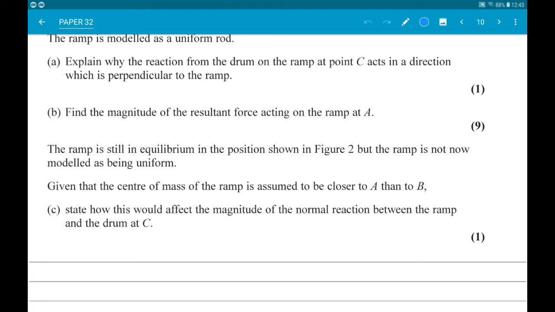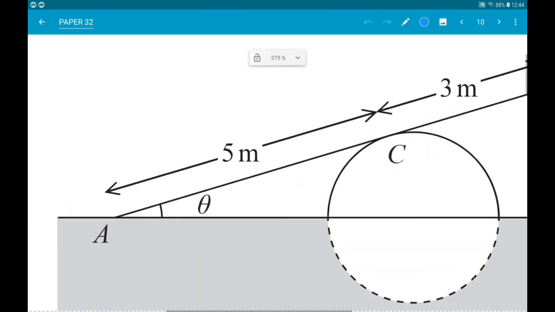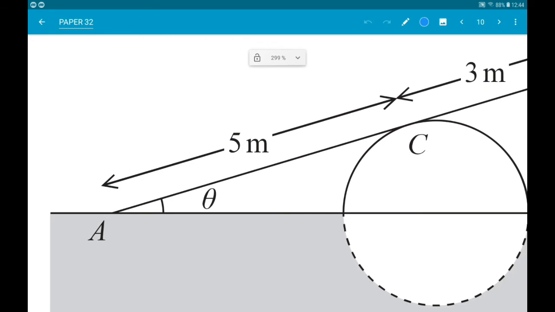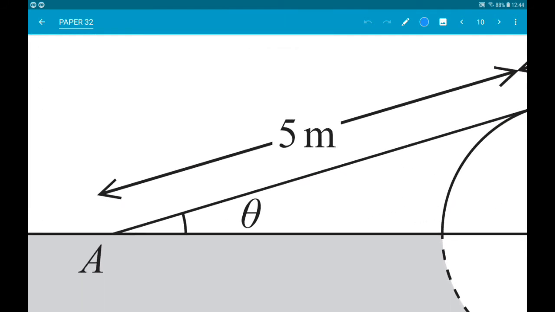So, what is the ramp trying to do? It's trying to fall down through the floor and to the left. So at A, there are two forces not letting that happen.